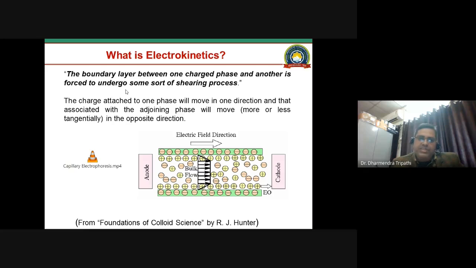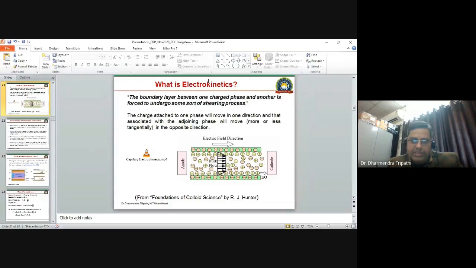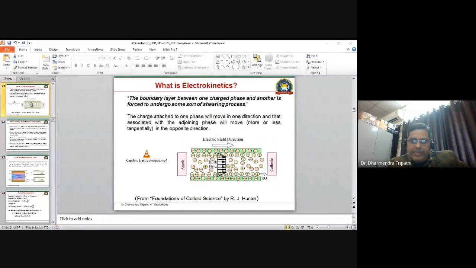So we can simply define that if we study the shearing process under the effect of electric force, that phenomenon is known as electrokinetic. Just a minute, I can show you one video, so the electrokinetic phenomena will be more clear.